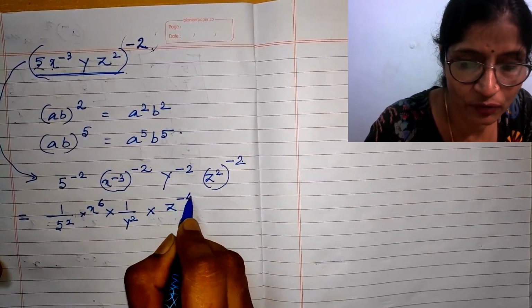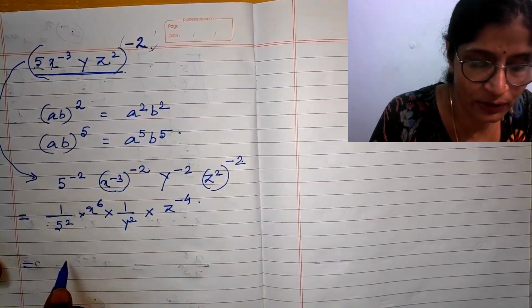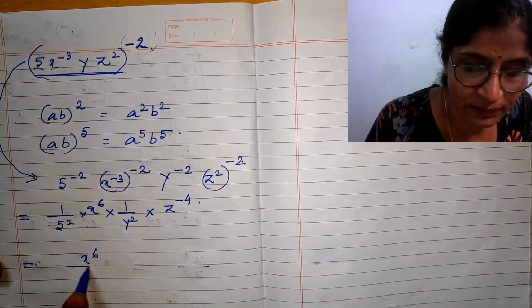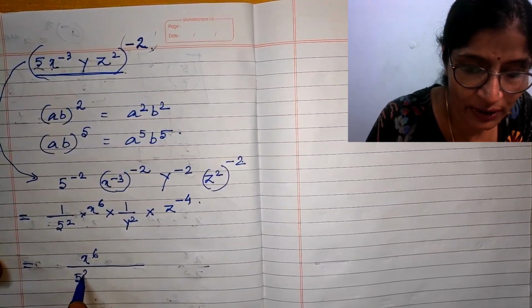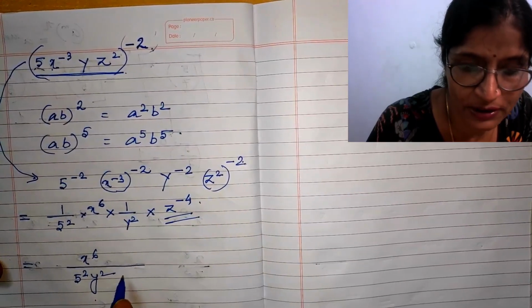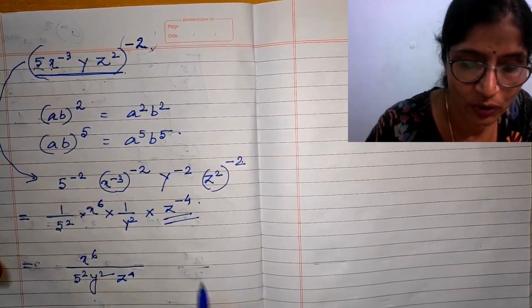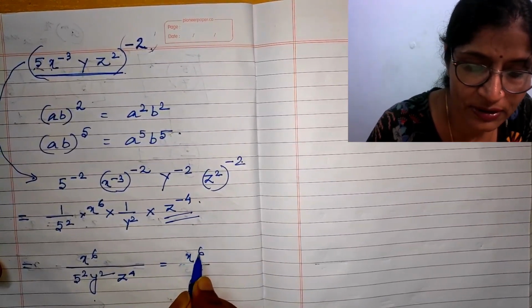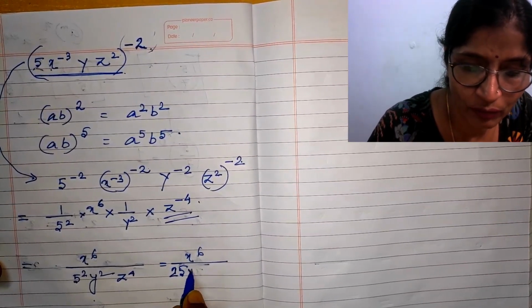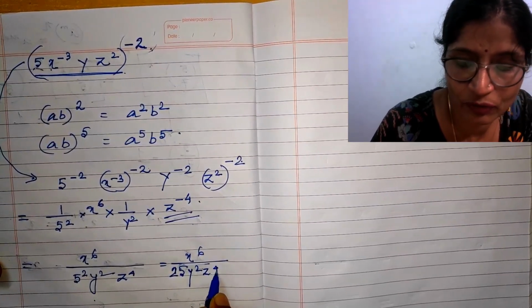So it is minus 4. And then it is equal to x to the power 6 divided by 5 square y square, and this z to the power 4, to make it positive it will come here z to the power 4, and that is equal to x to the power 6 divided by 5 5s are 25 y square z to the power 4.